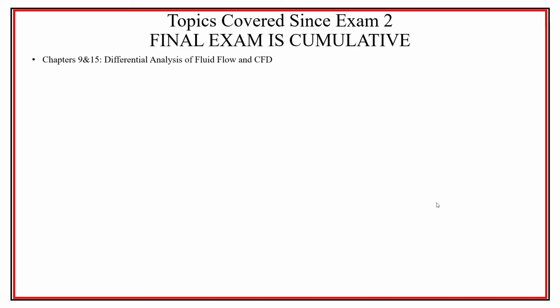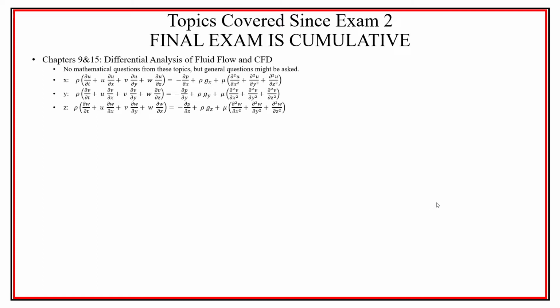We did chapters 9 and 15. There won't be any mathematical topics on this, but there could be some general conceptual questions, not stuff you'd necessarily study for. Some of those concepts could relate to the Navier-Stokes equations.